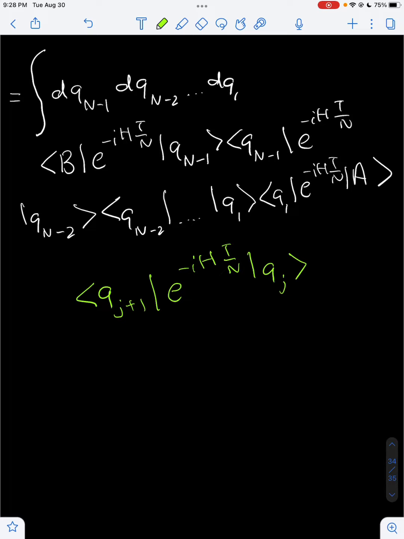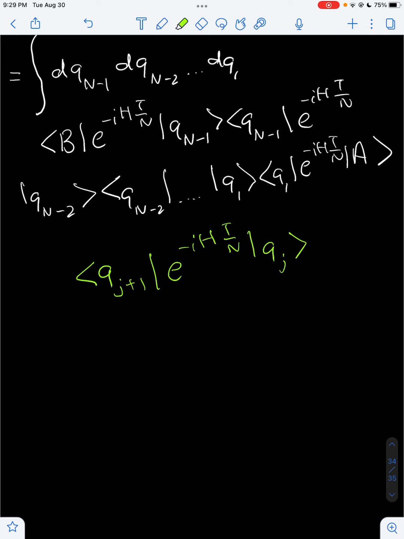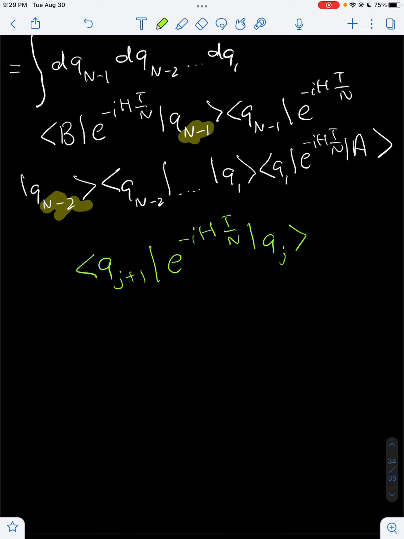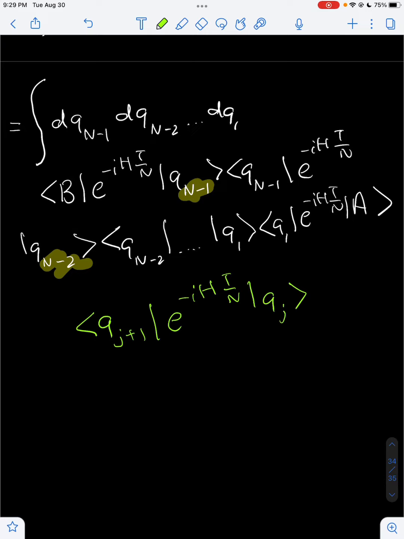For example, here we'd have n minus 1, then here's n minus 2. If n minus 2 is j, n minus 1 is just j plus 1, since minus 2 plus 1 equals minus 1. So we're seeing terms of the form q_{j+1} times the time term, the time slice as I call it, and then times q_j. That's a general term that we're seeing here.